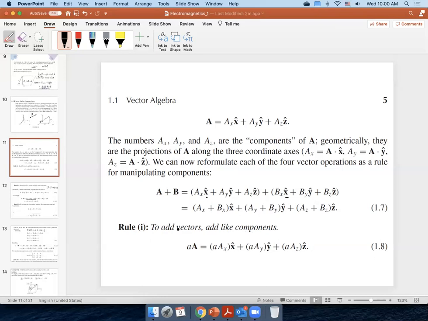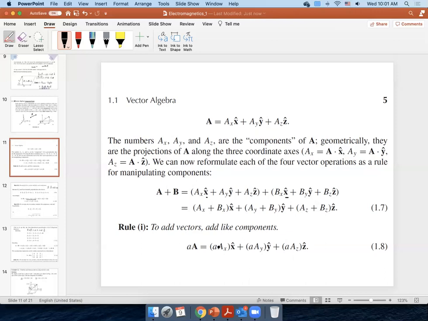Now let's see the second operation, which is the scalar product. If you have a vector A and a scalar, which is a small letter a, multiplying your vector A, due to the distributive feature of scalar multiplication, you can distribute the scalar into its components.